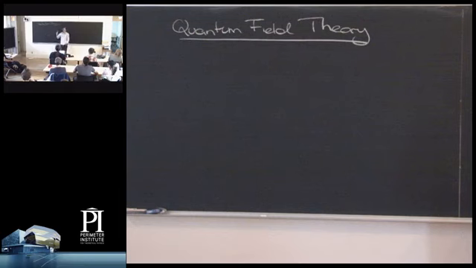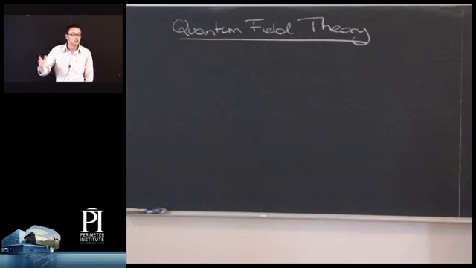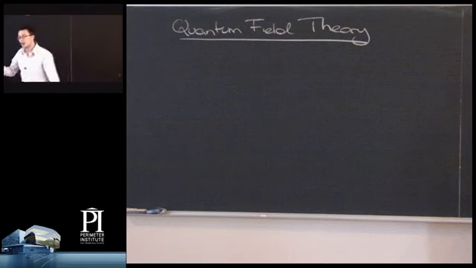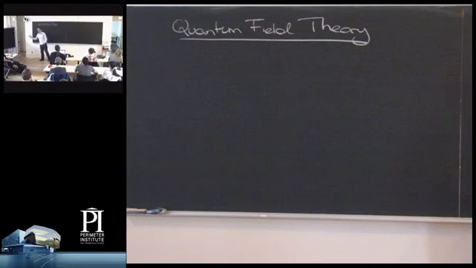So this idea that it's not the particles that are fundamental. What's fundamental are fields, and there are little ripples of these fields. And when you quantize those ripples, that's what we call particles. So for the electromagnetic field, that's what we call a photon. But now we have to start introducing new fields for all the other particles that we know of in the universe. So we should introduce an electron field, and a quark field, and a W boson field, and a gluon field, and a neutrino field, and so on and so on. That's the basic premise of quantum fields.